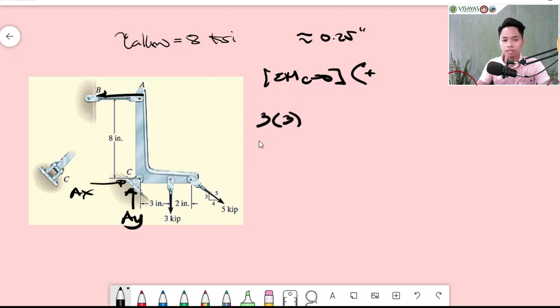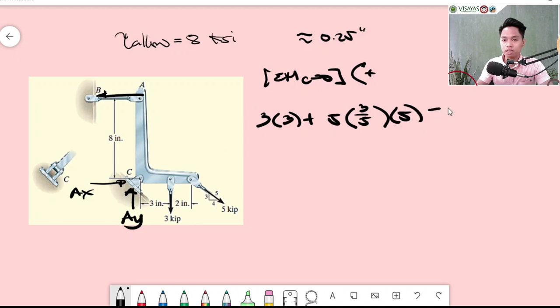Another clockwise here: we have 5 kips. Then, the Y component is 3/5. The moment arm is 5. The horizontal component does not create a moment about C, because it just passes through. So, we have nothing else, right?